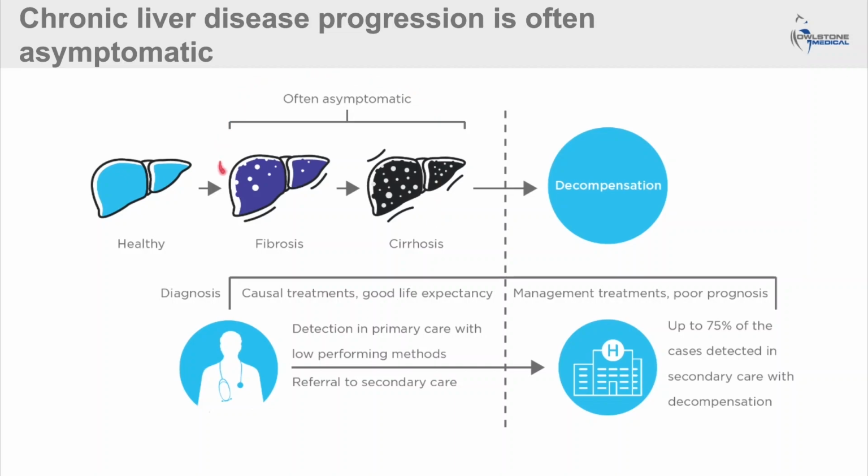Often these stages are asymptomatic until the subjects undergo decompensation, and therefore they need to be carried to the hospital, and there they get a diagnosis of cirrhosis. There are reports stating that up to 75% of the subjects with cirrhosis are detected at this stage with decompensation. So therefore, detecting cirrhosis earlier will be beneficial to start treatments and preserve better liver function.